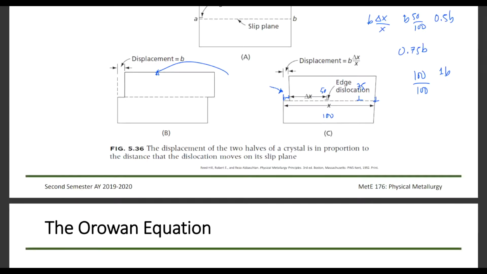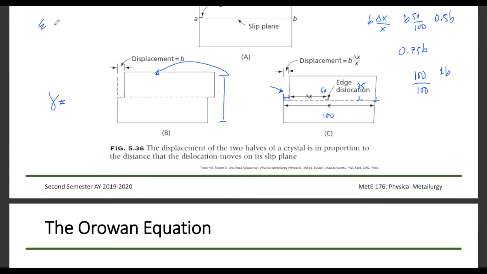So if we know the height, then the shear strain is equal to... this is not the shear strain... this is the shear strain.